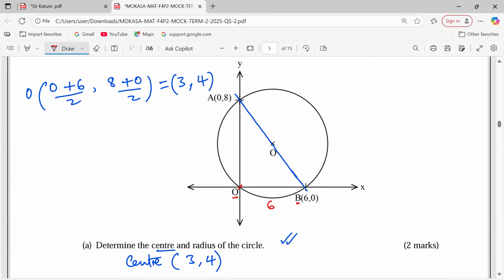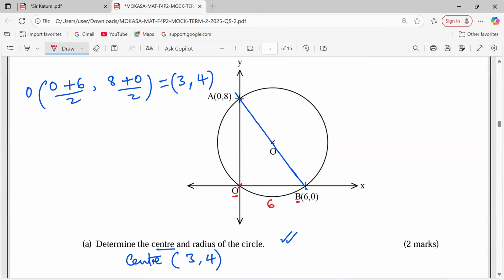That means if we bisect this chord, we must pass through the center, and we are at point 3, 3 units from the origin. Then again, when we consider from O to A, because it is a y-intercept of 8, then it means there are 8 units here from A to the origin.